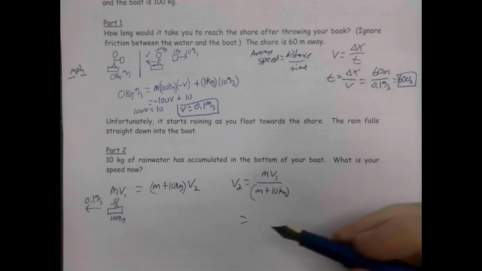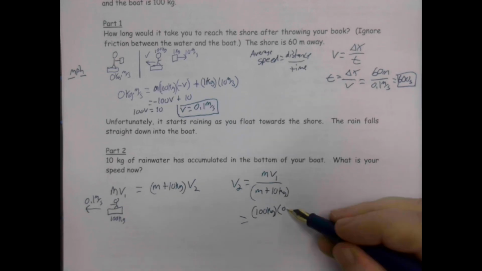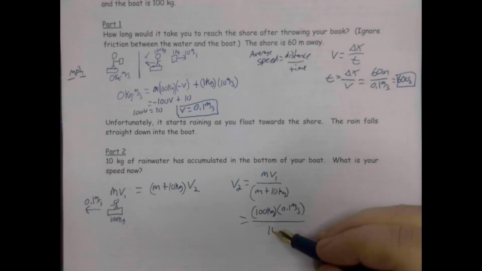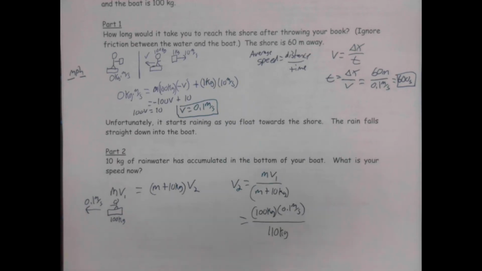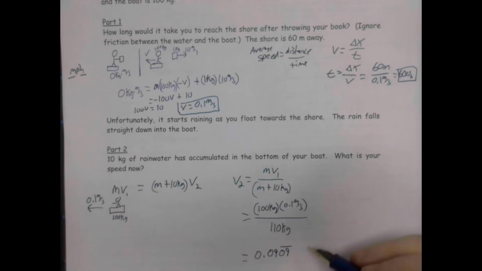So mass was 100 kilograms, moving at 0.1 meters per second, divided by 110 kilograms, which is equal to 0.0909 repeating.